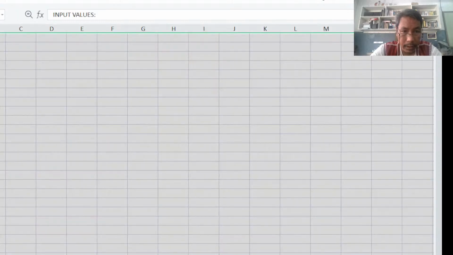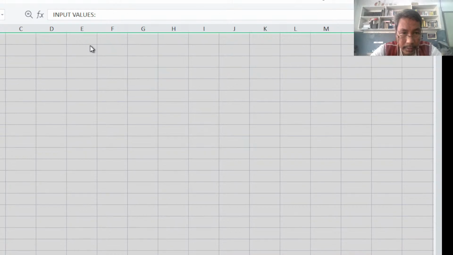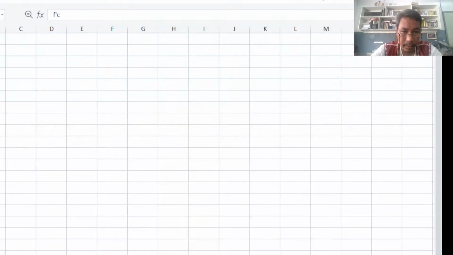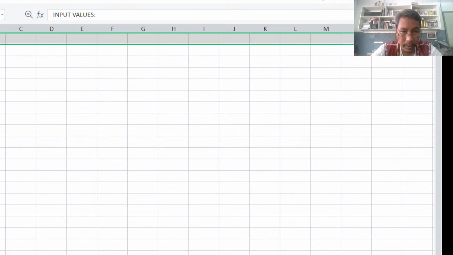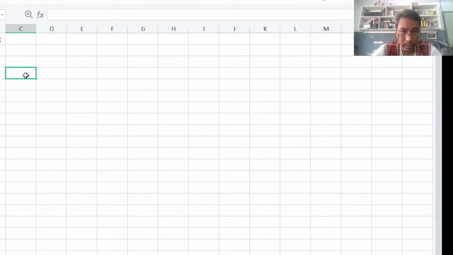So we can make this a little bit bigger. So for input values, we have, for example, bold.